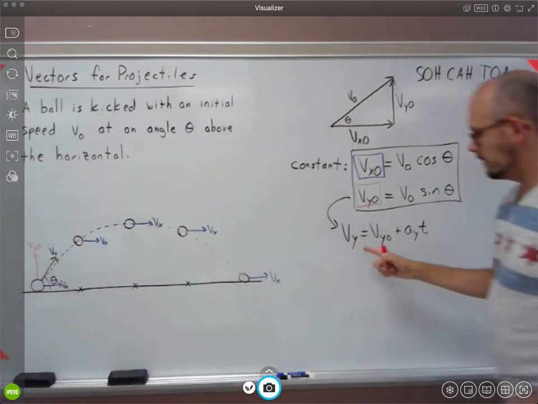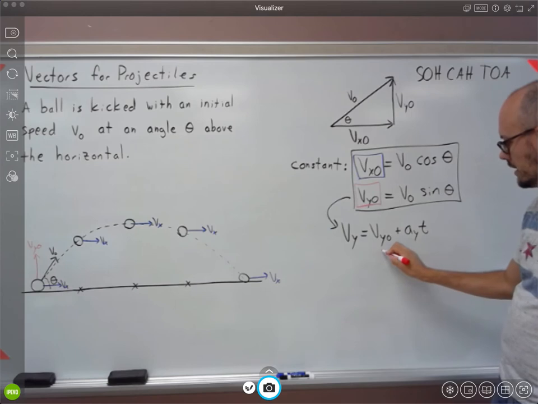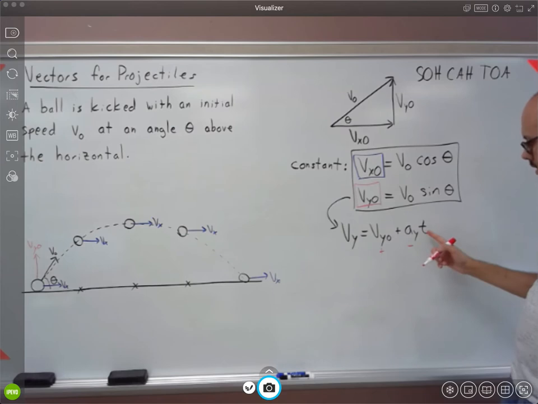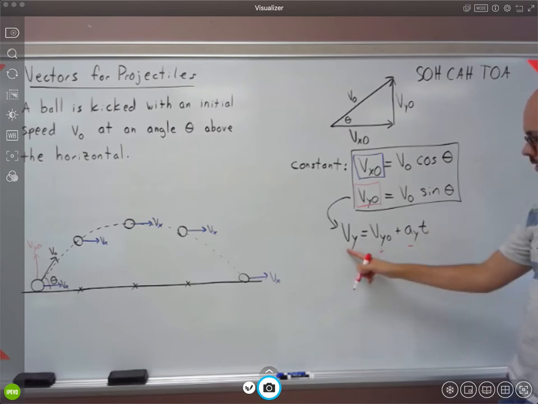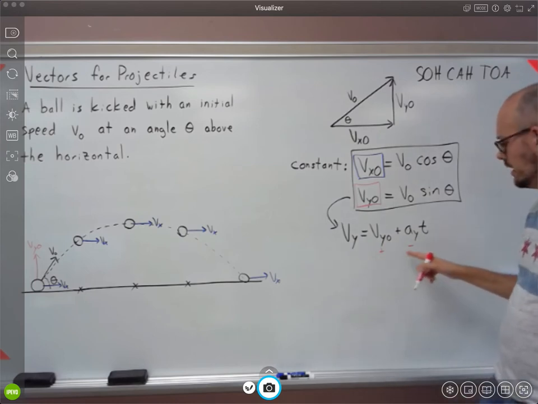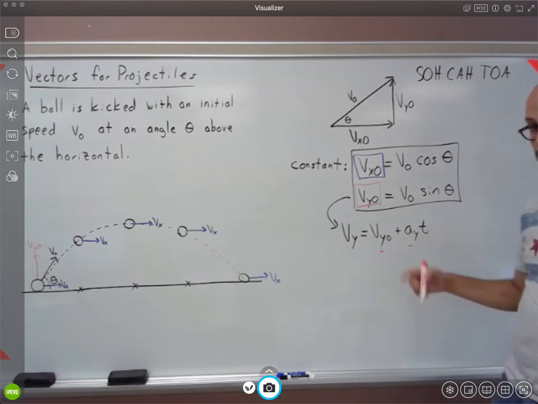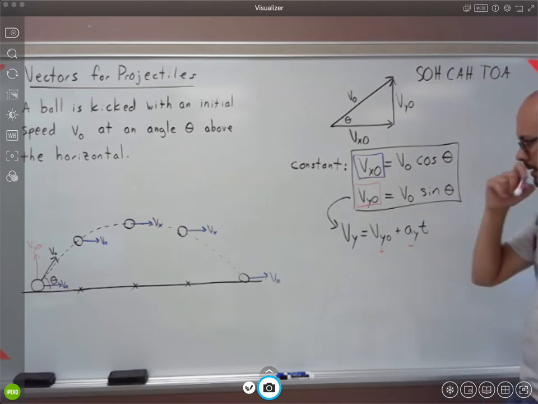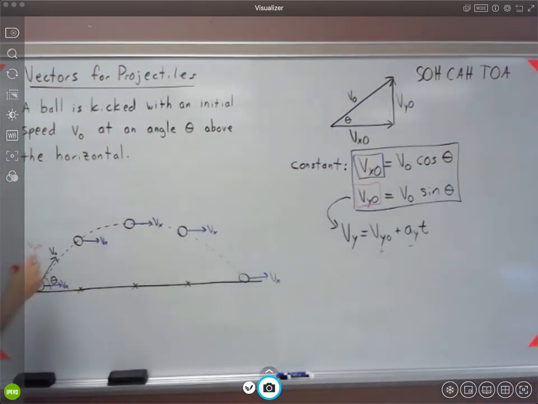Because of what we know about vertical acceleration, if this is positive and this is negative, then as soon as the object gets into the air, the vertical velocity is going to decrease. This was some number determined by how hard you kick the ball. This is some number determined by the Earth, basically. As soon as it gets into the air, this term is going to reduce the velocity. So a certain amount of time later, the vertical velocity is smaller. This vertical velocity decreases as the object rises.